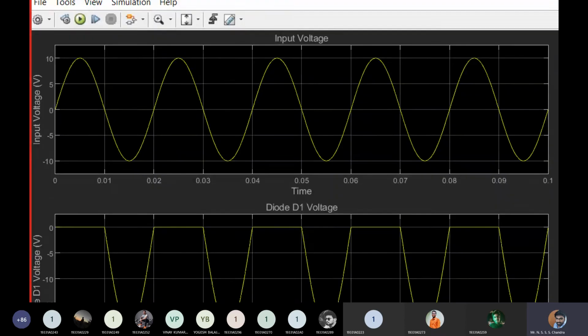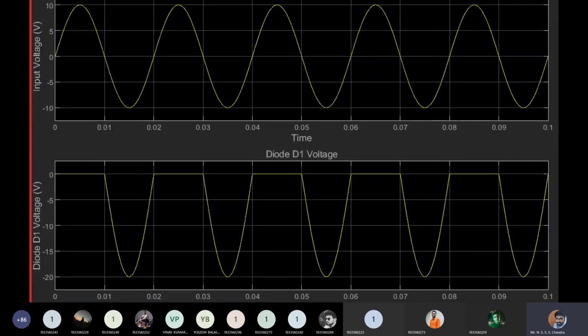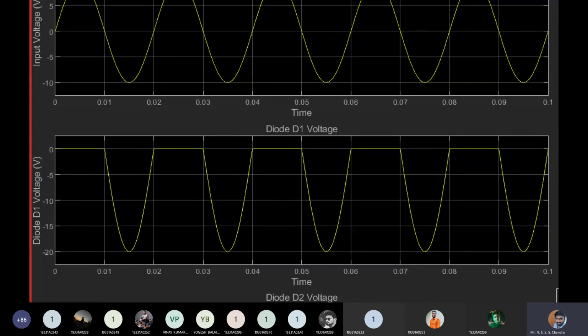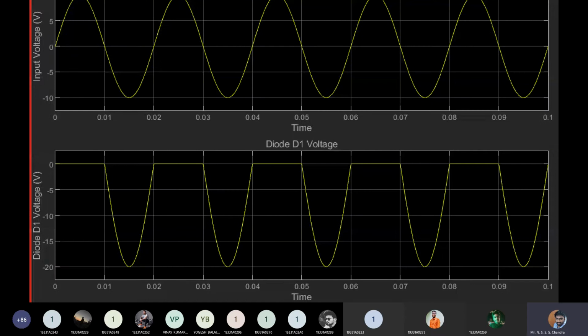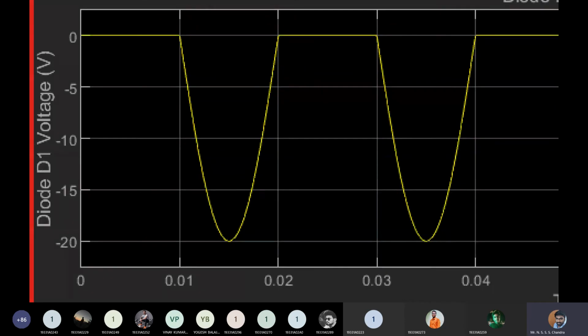For the positive half cycle of the input voltage, the diode D1 voltage is 0. Between 0 to 0.01, what is the y-axis value you are seeing for the D1 voltage? 0.